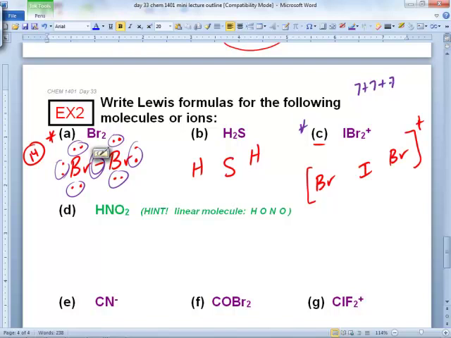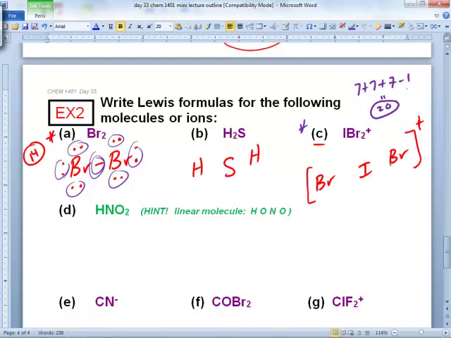I also have 7 for the iodine. But then there's a plus charge, so minus how many? It's just 1, because the charge is plus 1. So it's just minus 1. Okay, so that's 20, right? You have 20 to work with.